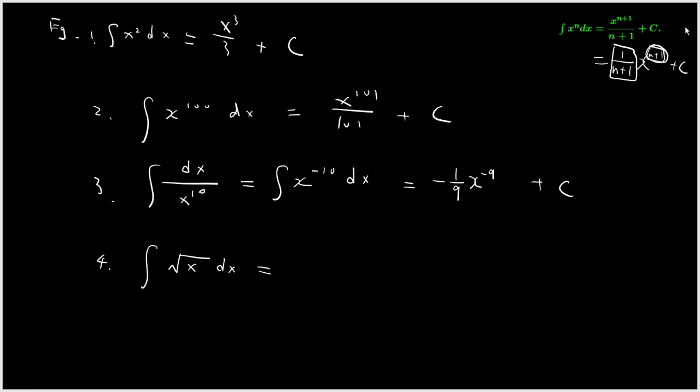To get the indefinite integral of square root of x, the first thing we do is the same as before. We convert the function to the form of a power function so that we can use the power rule. Square root of x is x to the power of 1/2.